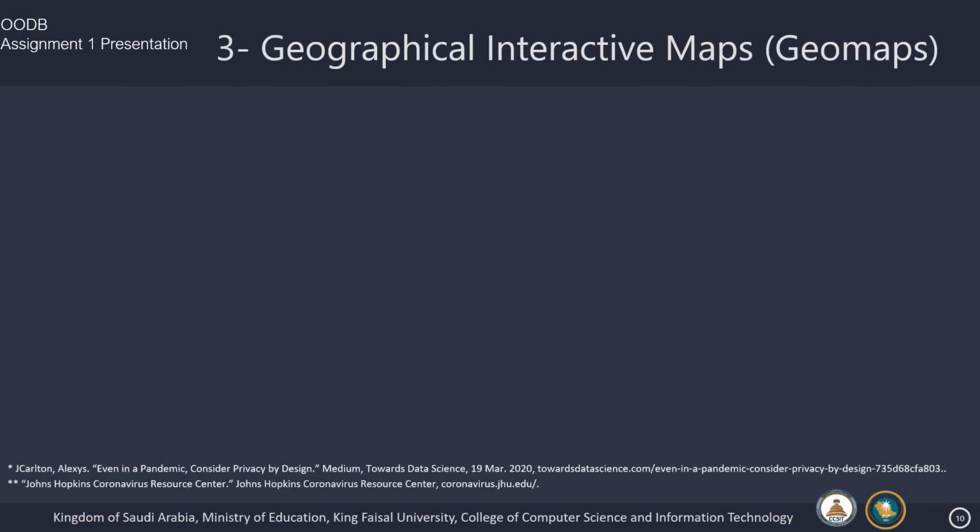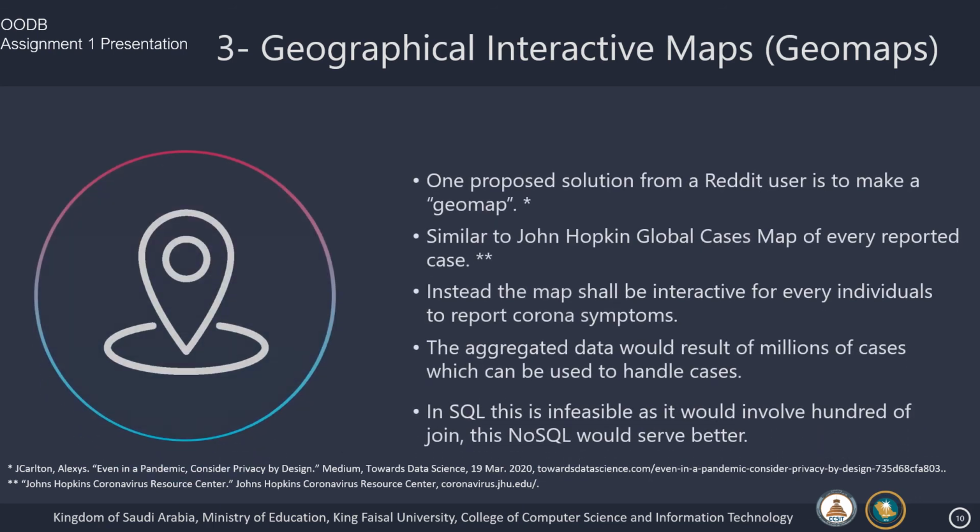The third type of technology is geographical interactive maps, or geomaps. There is a post proposed by a Reddit user in our coronavirus community to make a geomap similar to the Johns Hopkins global case map, which reports every instance of infection across the entire population in every country, the number of deaths, the number of people who are infected, and the number of people who are still being treated for the coronavirus.